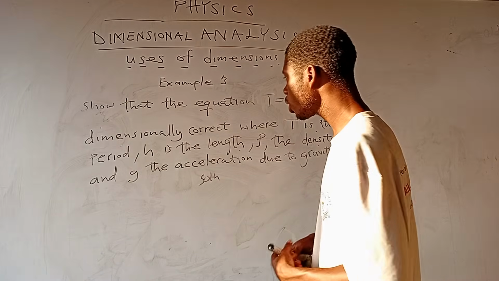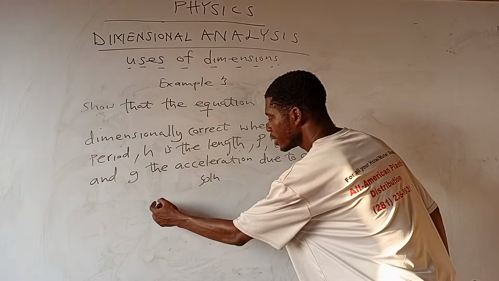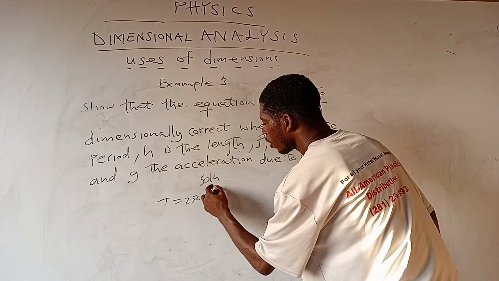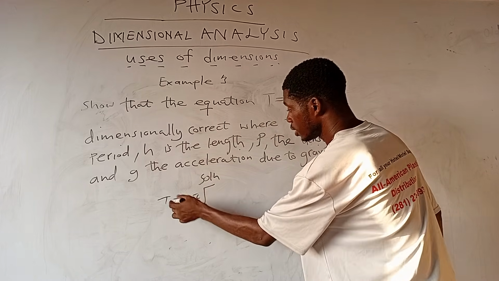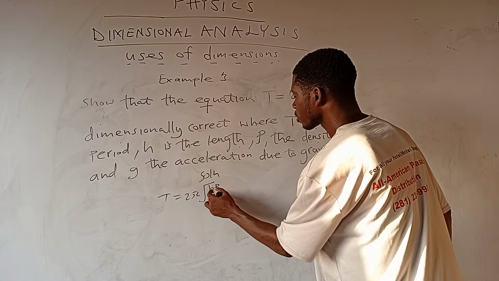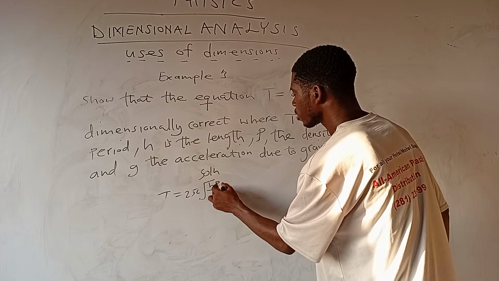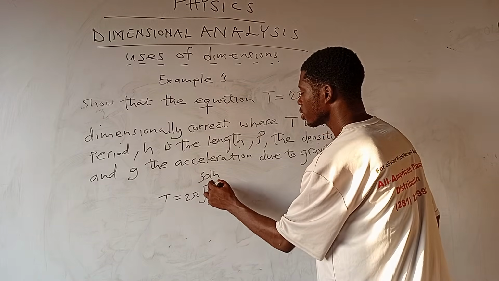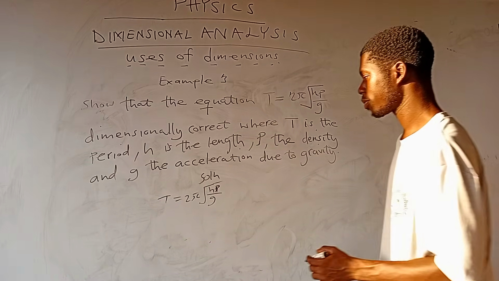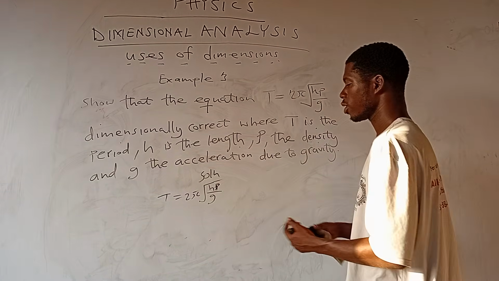Okay, so now this is what we have: T equal to 2 pi root of hp over g. So we take the dimension of all of them.